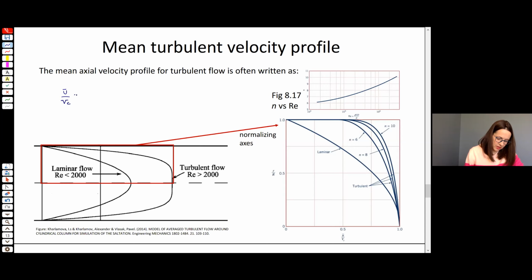So the mean turbulent velocity divided by the centerline velocity is 1 minus r over the radius to the 1 over n power, where n is an exponent. And it's actually a function of the Reynolds number. And we often use n equals 7.